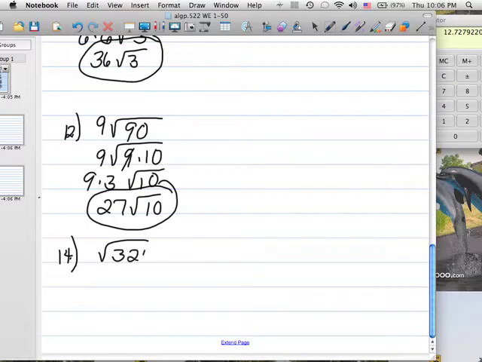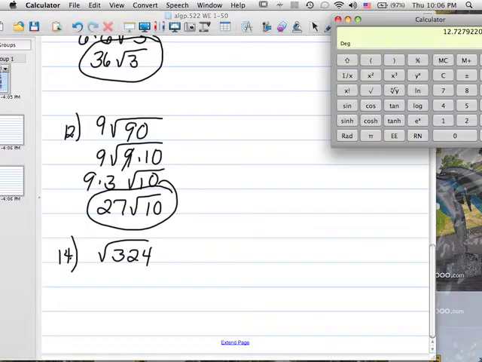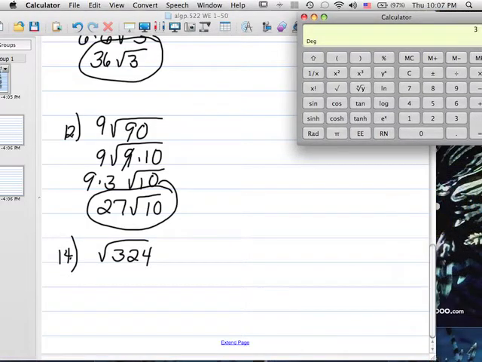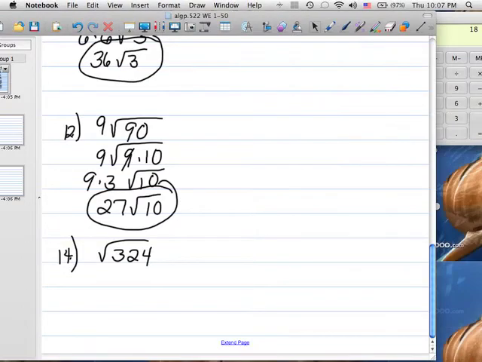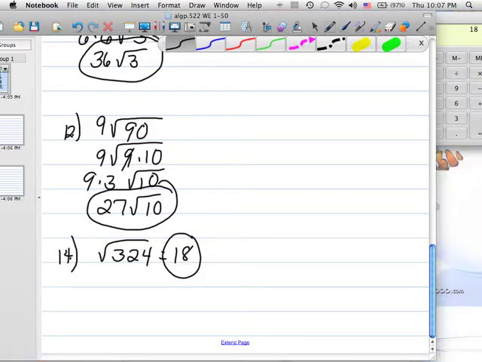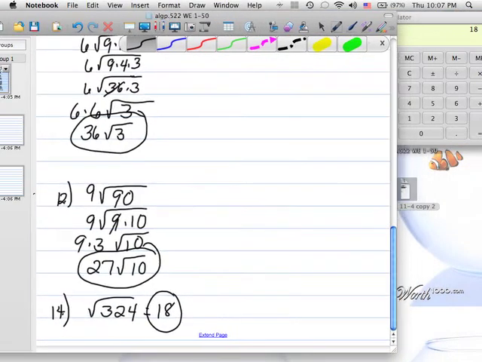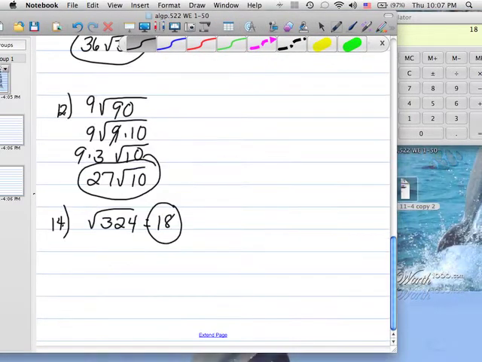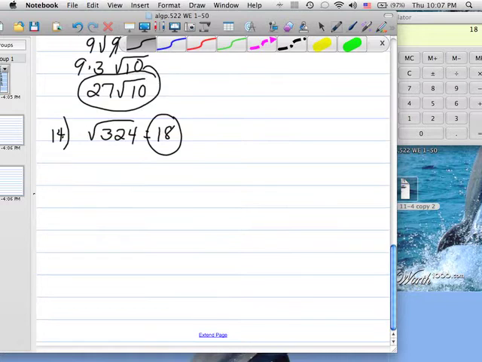Problem 14, we have the square root of 324. Let's just check and see if that is a perfect square. It is. It's 18. So when you get to 3-digit numbers, you might want to check on your calculator to see if they're perfect squares.